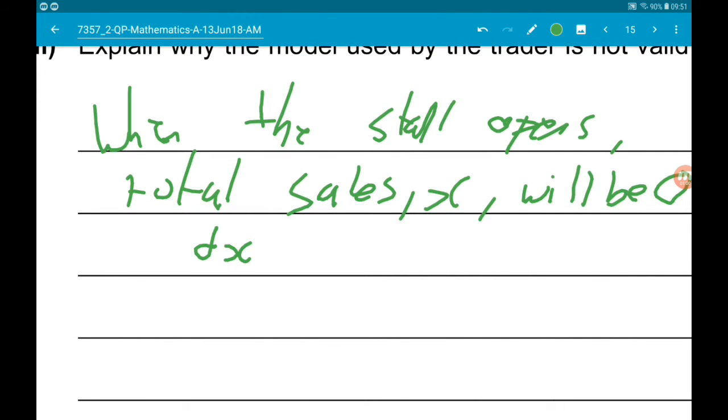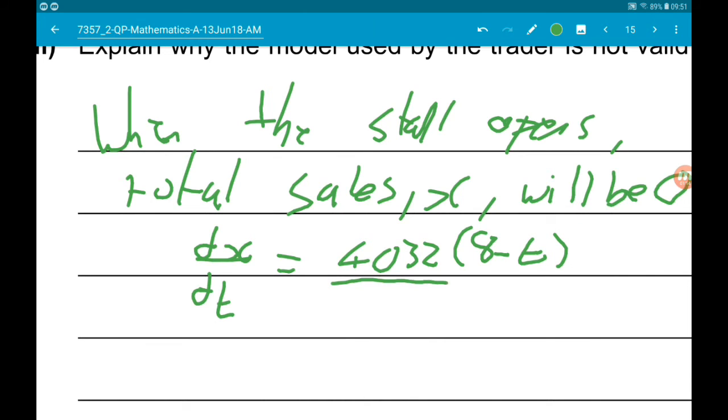Now remember back to the model, dx by dt was 4032 times 8 minus t all over x.